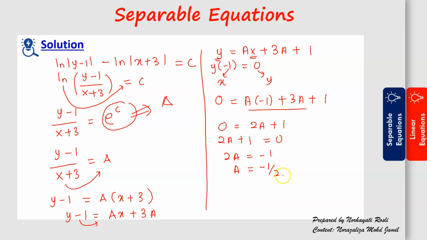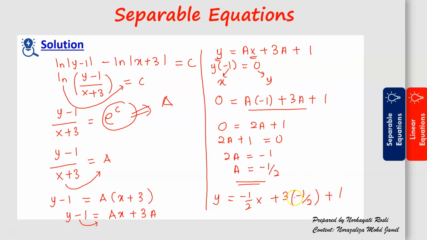And when we got this, it means that to get the particular solution, this a you need to substitute in this y. So we will have our solution y equal to negative 1 over 2 times (x plus 3) plus 1.